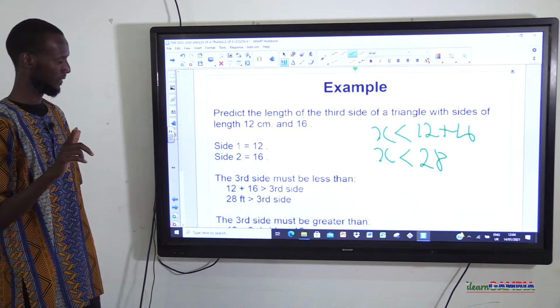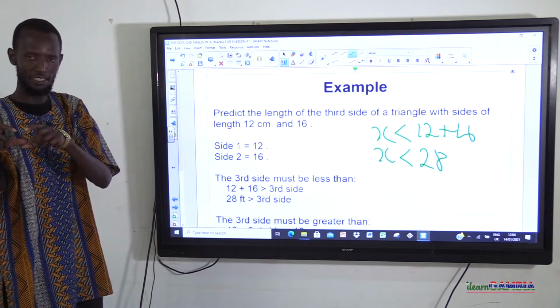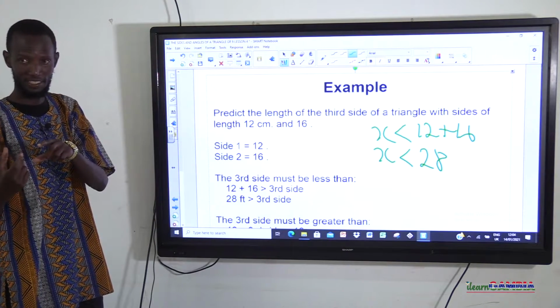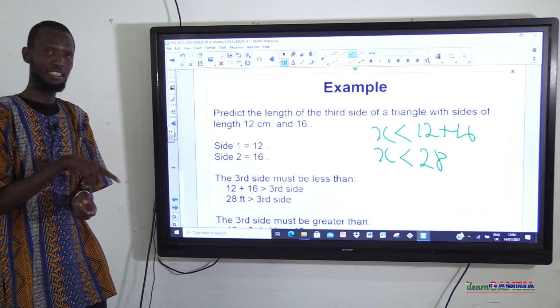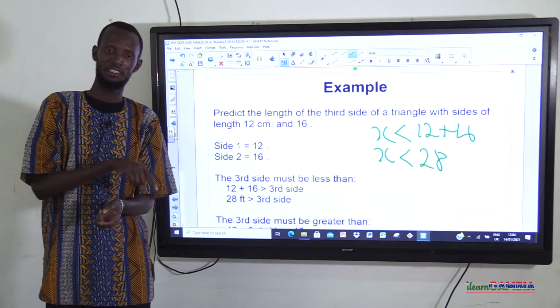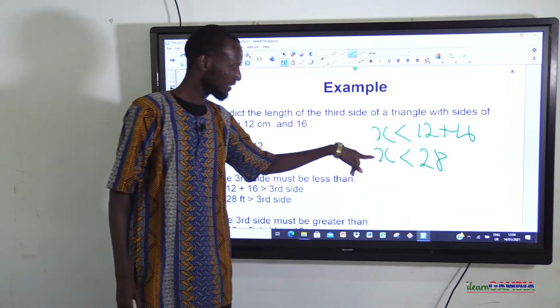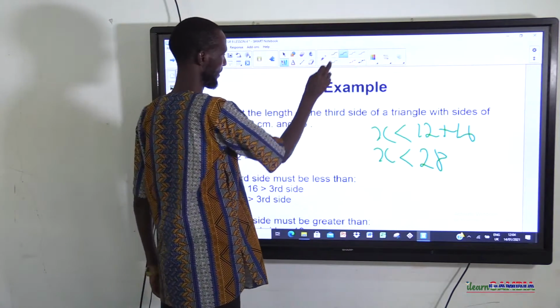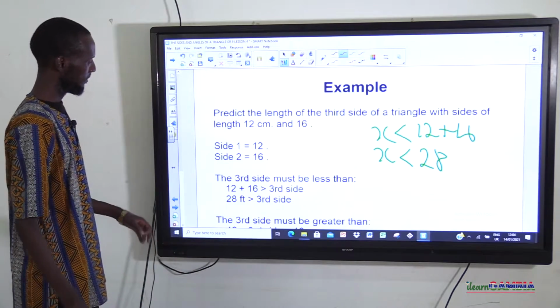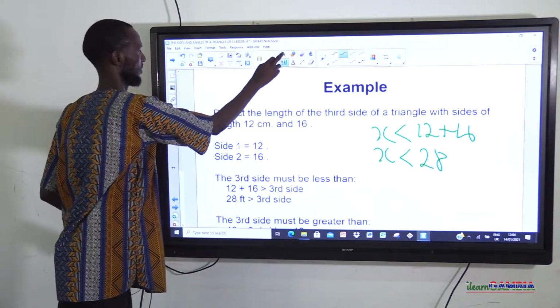So we have added the two given sides, and we know that sum has to be greater than the third side, meaning the third side has to be less than their sum. So the third side has to be less than 28. We keep that. Now, if you continue, let's see.